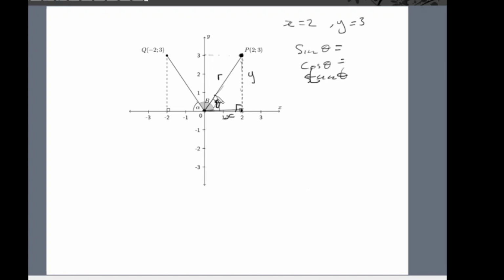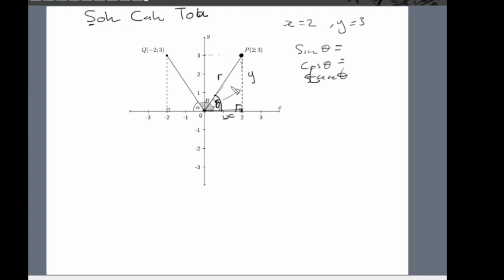If you say sine theta, by our definitions, we know that sine is opposite over hypotenuse. In this case, the opposite side is y. Theta is facing that side, that's the opposite side. And our hypotenuse is the side opposite to the right angle. In this case, the hypotenuse is r.